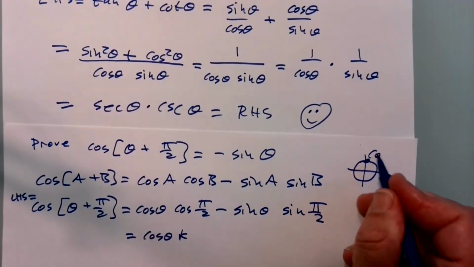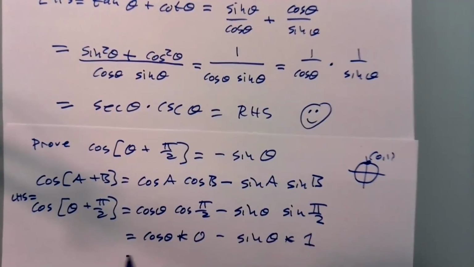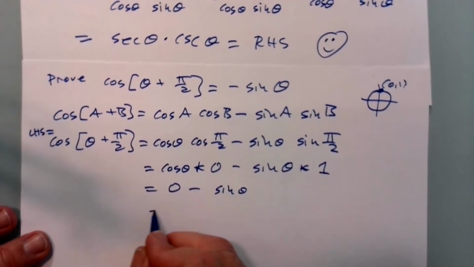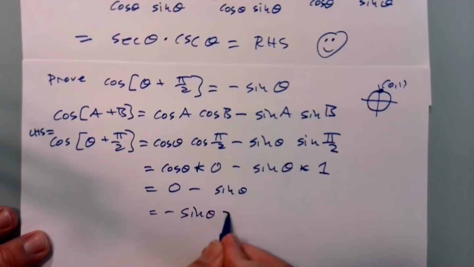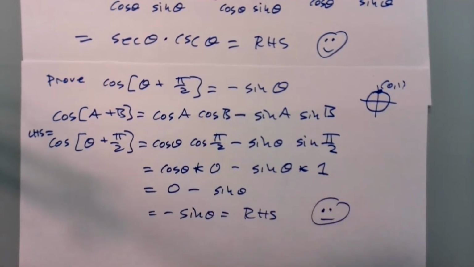Pi over 2 is here, which is 0, 1. So cosine is 0, sine is 1. Cos theta times 0 minus sine theta times 1. 0 minus sine theta, which is negative sine theta, which equals the right-hand side. So that's done.